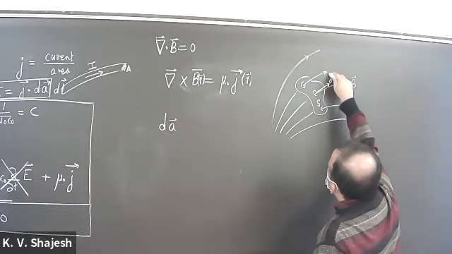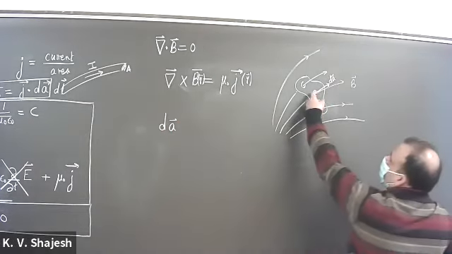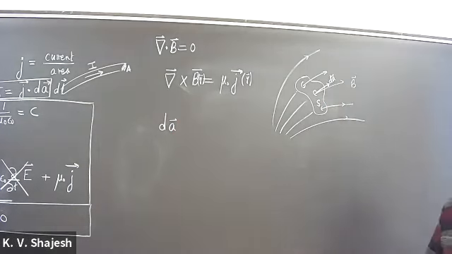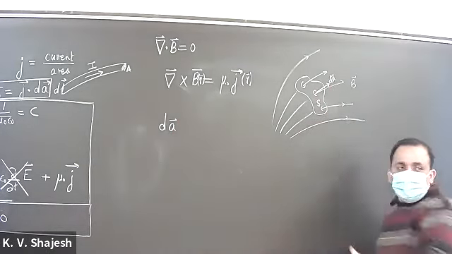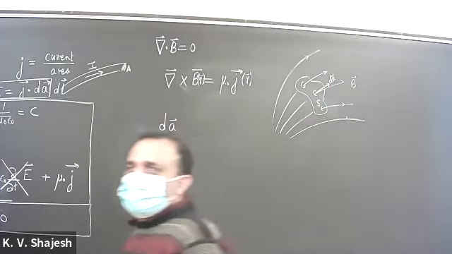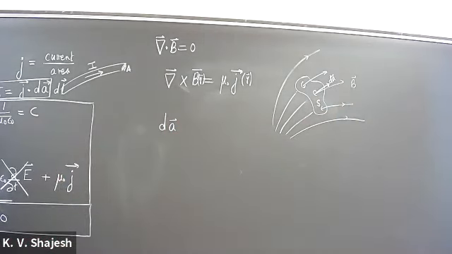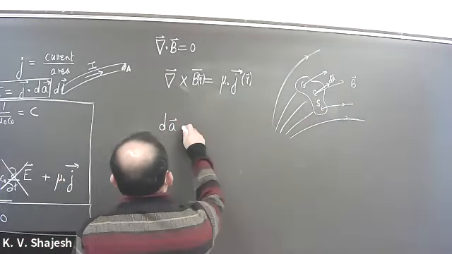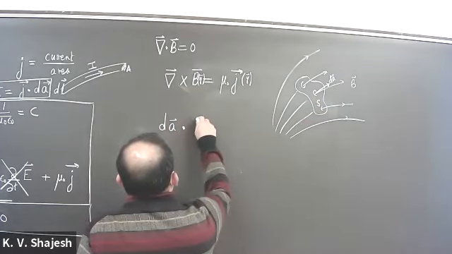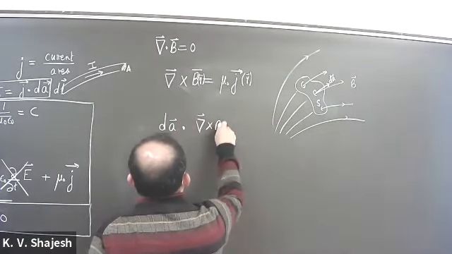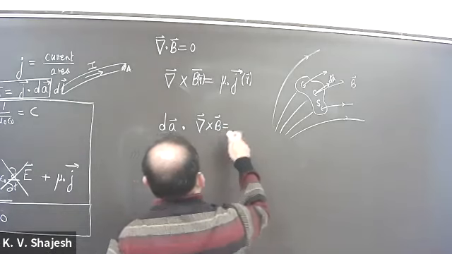That's dA. It doesn't have to be tangent to the field. This surface could be in any direction relative to the magnetic field. So I take the dot product at each point of this equation. That's perfectly fine.